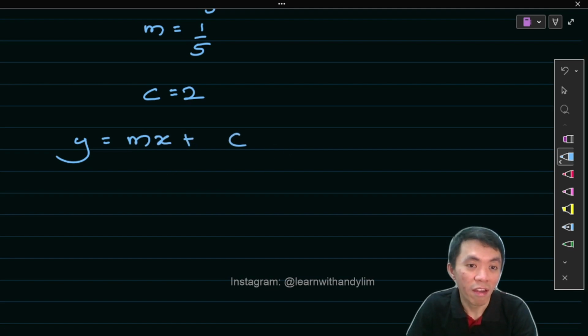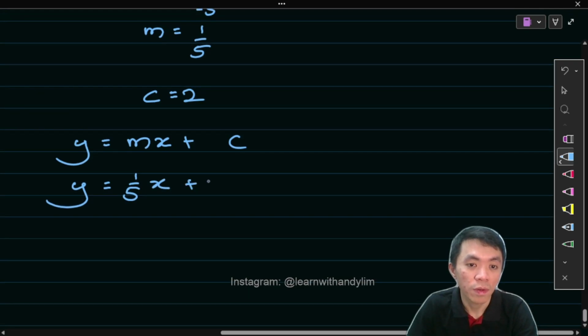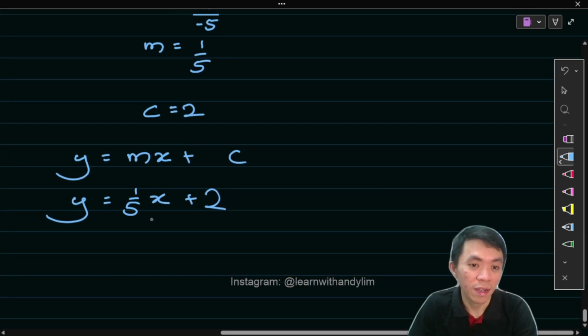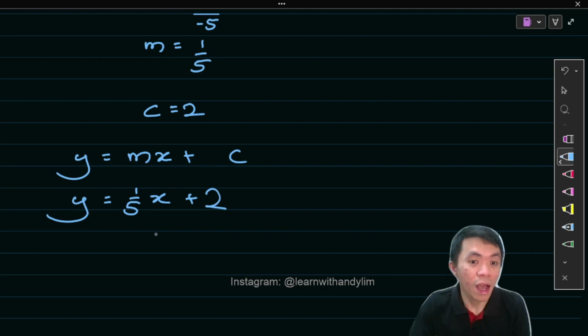Now that I have my gradient and my y-intercept, I can write it down. y equals 1 over 5 x plus 2. So this is my straight line right here. I can tell another person that I have a straight line, y equal to 1 over 5x plus 2.